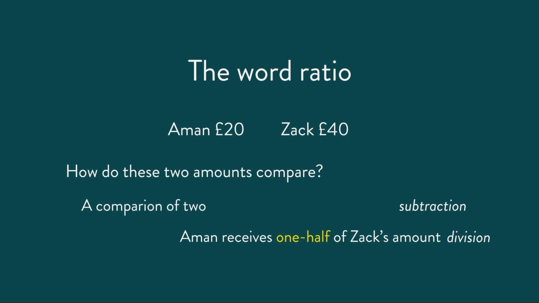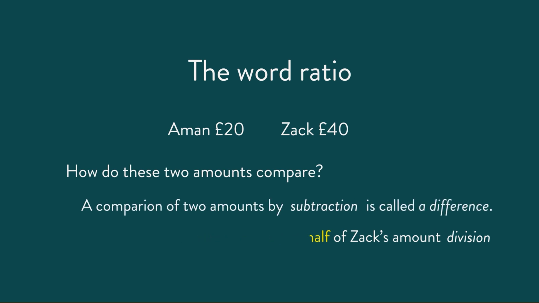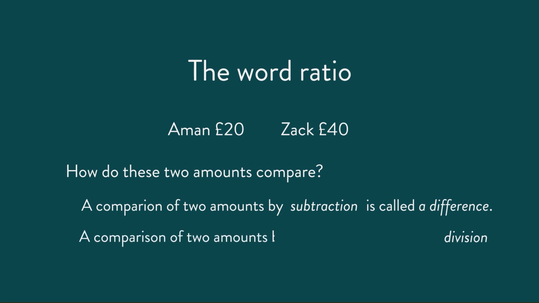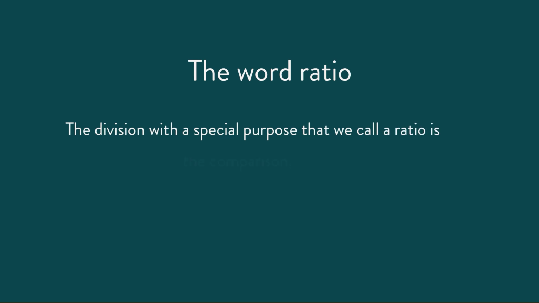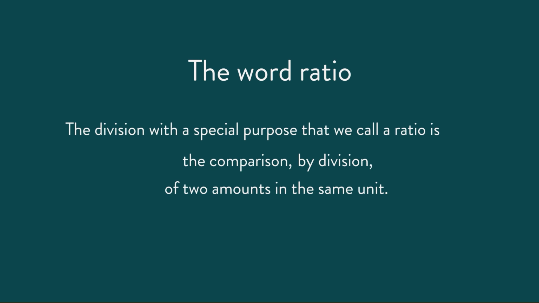A comparison of 2 amounts by subtraction is called a difference. A comparison of 2 amounts by division is called a ratio. The division with a special purpose that we call a ratio is the comparison by division of 2 amounts in the same unit.